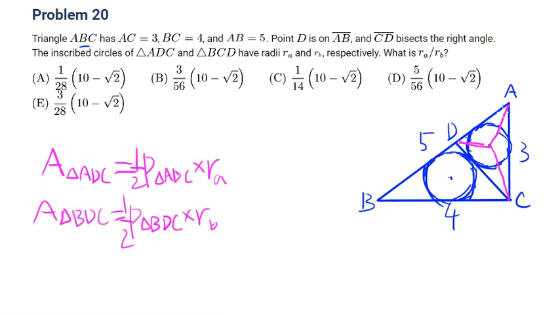So the area of this triangle is half times this side times the radius. This triangle is half this side times the radius. This triangle is half this side times the radius. So it should be obvious.